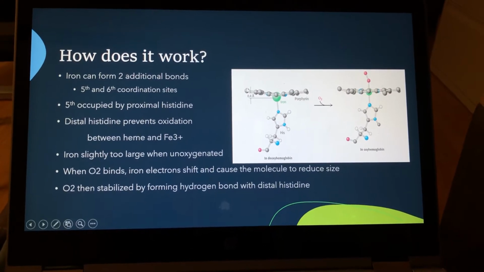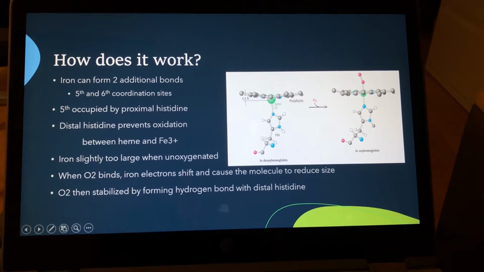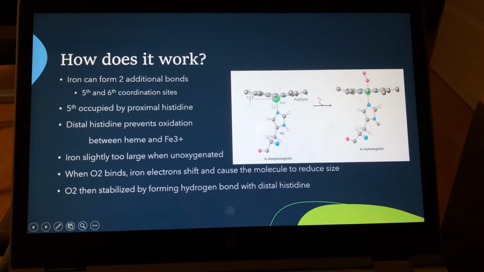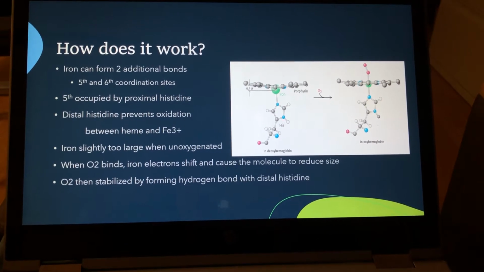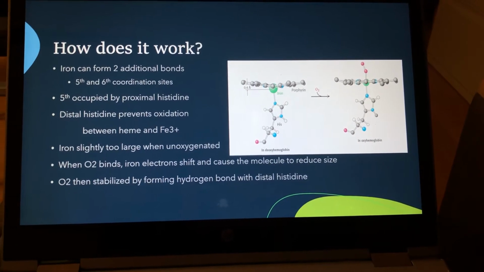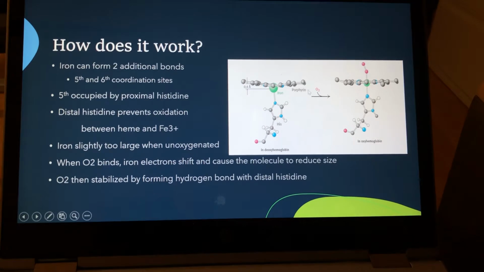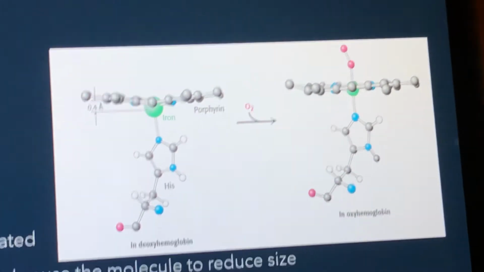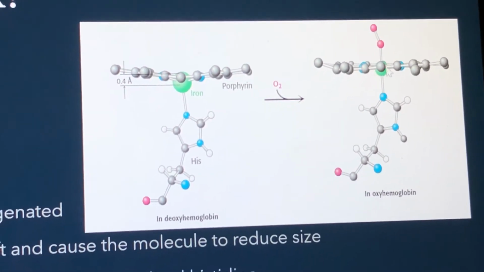So as it currently is in its deoxygenated state, the iron doesn't actually fit in the picture because the electrons take up too much space. There's not enough room for it to situate clearly within the picture. So when the oxygen binds, these electrons are able to shift and cause the iron to situate itself right into the picture.